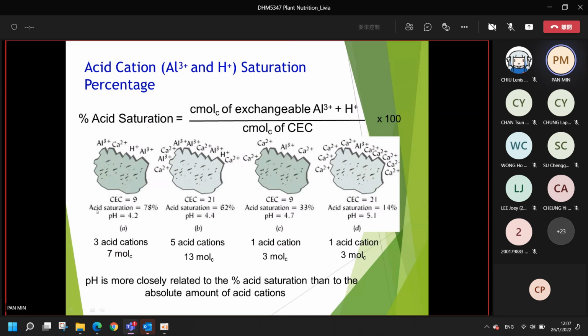type A has a higher acid saturation, which means that in this CEC number, most of it is occupied by aluminum and hydrogen.